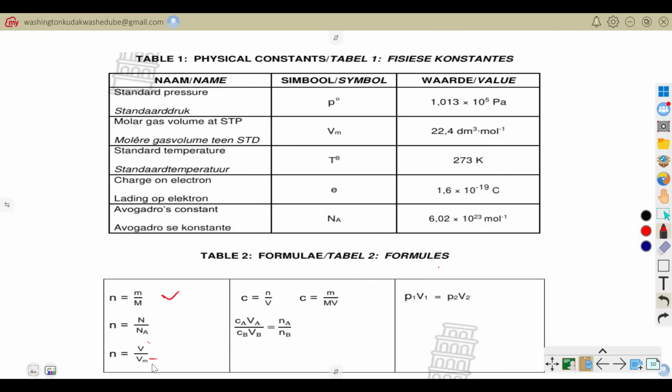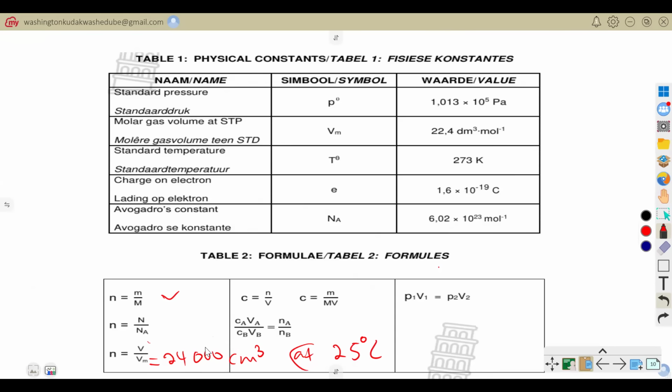Now we have been given the molar volume, which they said to take as 24,000 cubic centimeters at 25 degrees Celsius, because that reaction is occurring at 25 degrees Celsius.